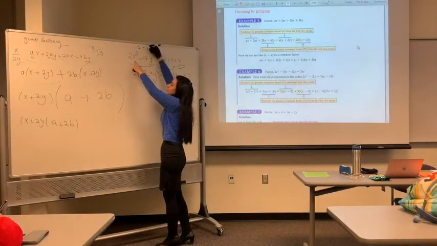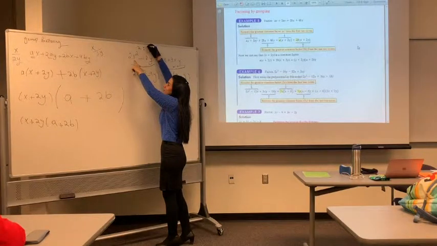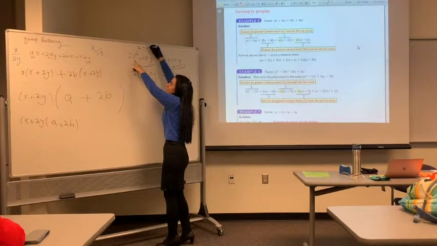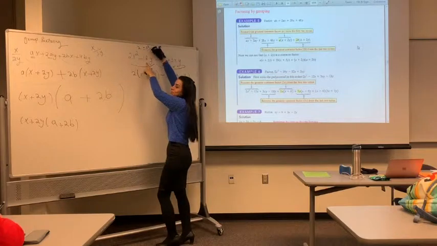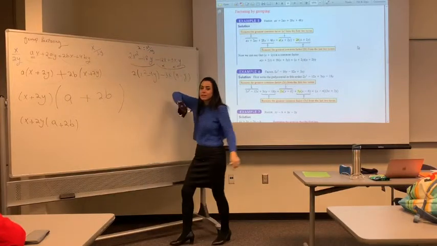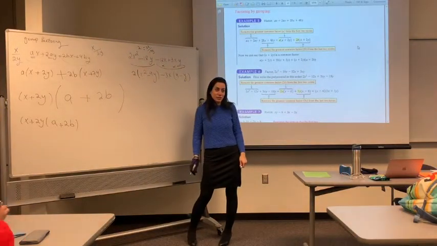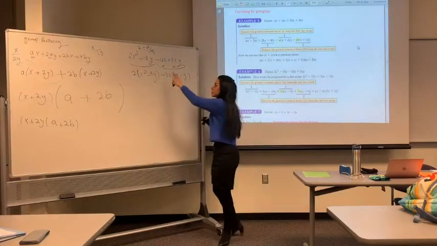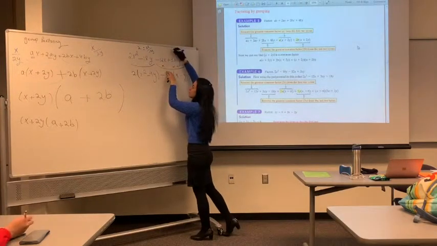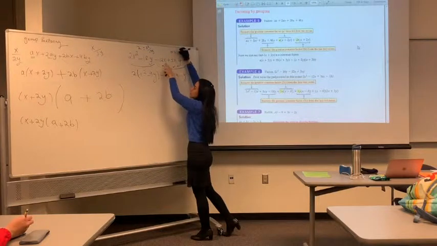So let's say 2 is common between these two, you said, right? So what is the coefficient of the first one? X squared, right? And then what remains from the second one? Negative 9y, right? This is the ratio of the coefficients, correct? So now this one, what was common between these two? 3x was common, right? So what is the coefficient of the first term?